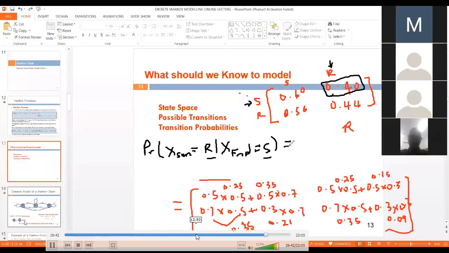So that probability should be 0.40. So this is the chance that it is going to rain on Sunday, given that today it is a sunny condition. Okay, so looking at it, the chance is quite small, right?